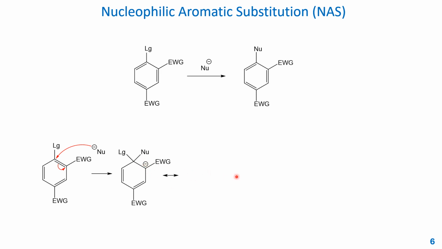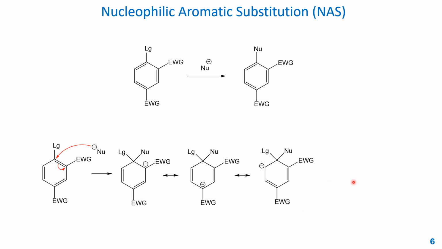This has another resonance, just push the electron to here and push the pi electron to here. This can also be stabilized by the other electron withdrawing group if you have one here. So you can imagine you push this negative charge to here, push to here, and break that pi bond, you will have another negative charge here. That's why if you have another electron withdrawing group on this ortho position, the reaction will be even faster. But you don't have to.